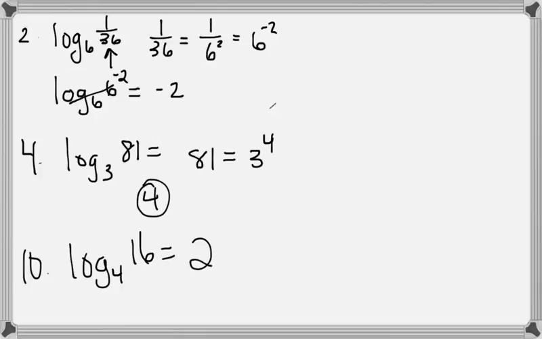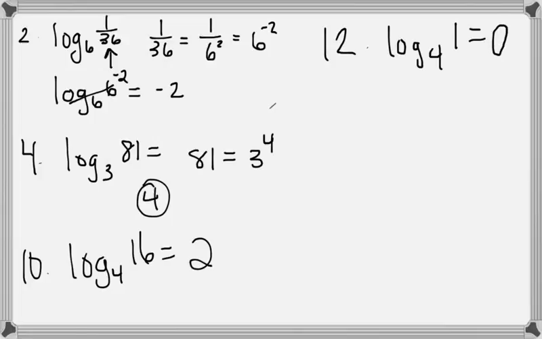Now there's a different kind in number 12. You have log base 4 of 1. I did one like this yesterday. I said, if you ever take the log of 1, doesn't matter what the base is, the answer is always the same thing. What is it?